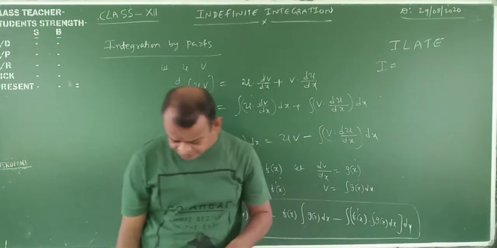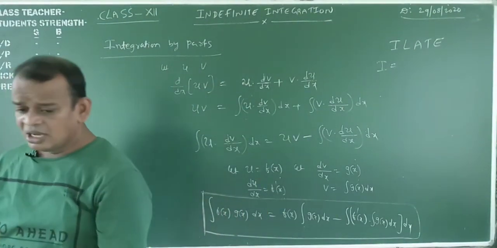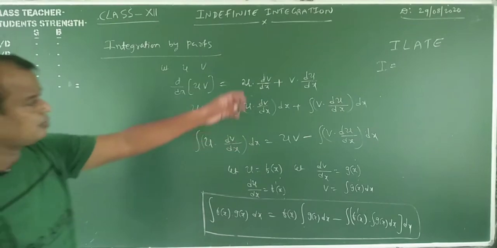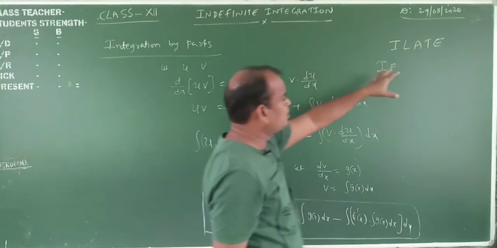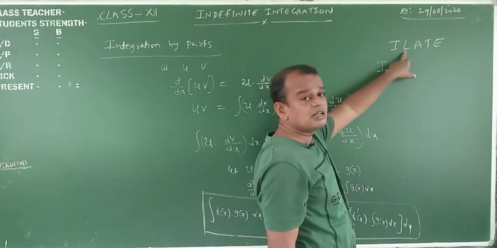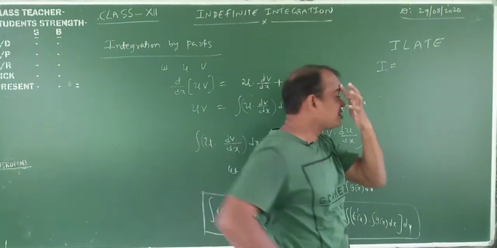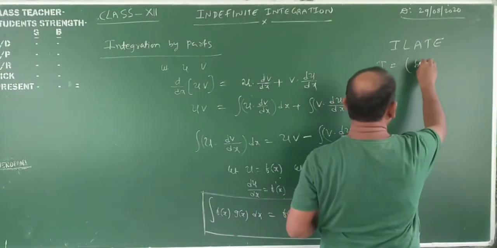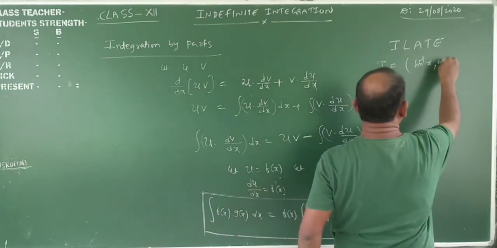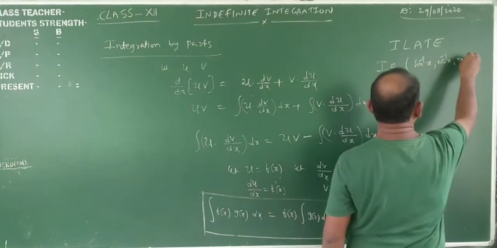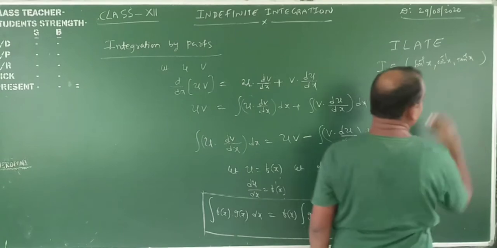We will take the first function or second function by the order of the letters ISLATE. First I, inverse. What are the inverse functions? Sin inverse x, cos inverse x, tan inverse x, and so on, up to secant inverse x.